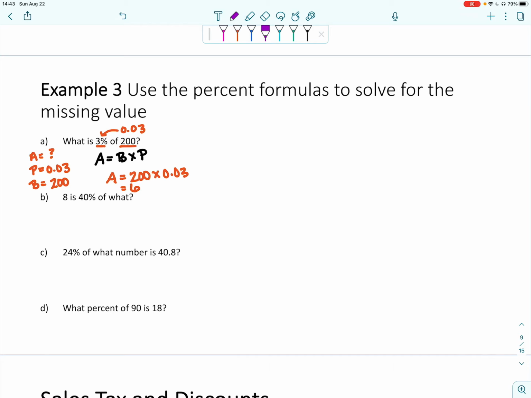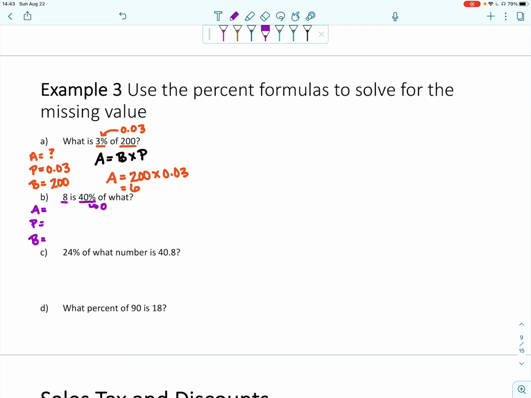So the next one, 80 is 40% of what? I'm sorry, 8 is 40% of what? So again, I have the number 8 and I have the number 40%. So I need to identify what is it that I have and what is it that I'm looking for.